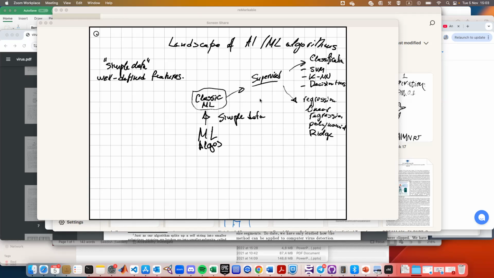So if we talk about unsupervised cases, we have two main branches that you have to be aware of. A branch for clustering and a branch for dimensionality reduction.